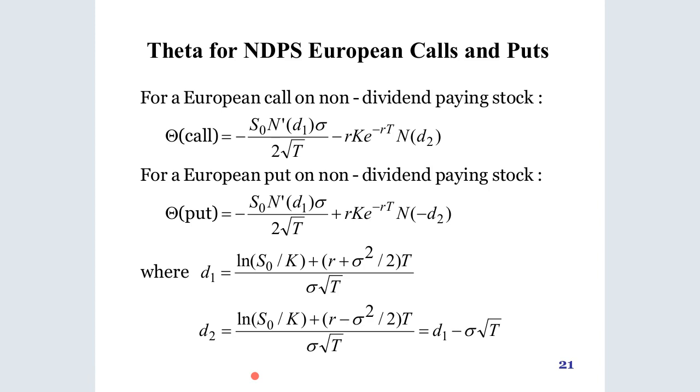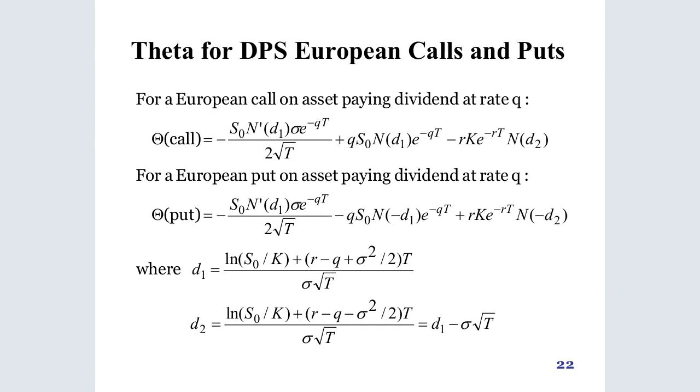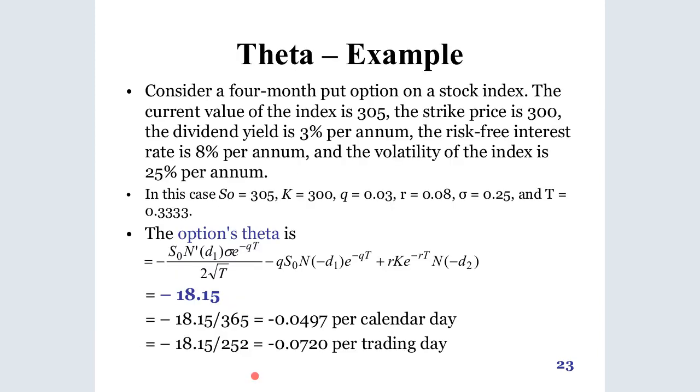Now, this was for non-dividend paying stocks, and this is for dividend paying stocks, and you have an extra q. So the formula remains very, very similar, and you can take that framework and calculate it.